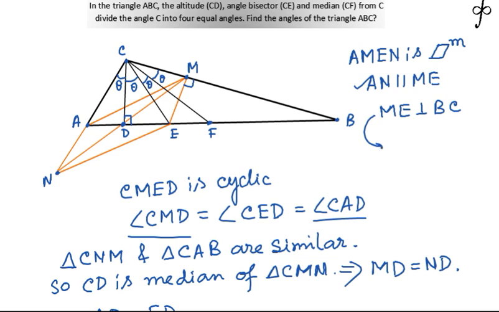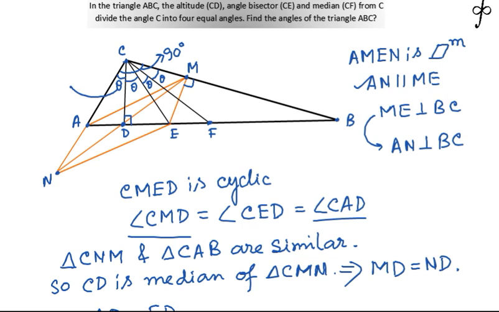So this automatically implies that AN must also be perpendicular to BC. Now since AN is the extended portion of CA, we can say that CA is perpendicular to BC. So this angle turns out to be 90 degrees. So angle C turns out to be 90 degrees.